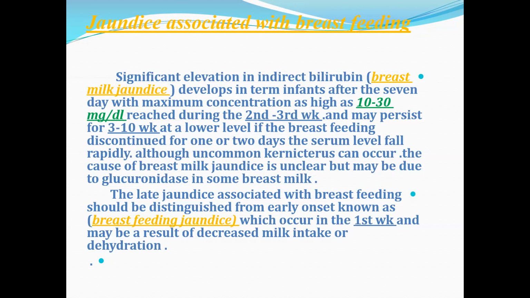Late jaundice associated with breastfeeding should be distinguished from the early onset known as breastfeeding jaundice, which occurs in the first week and may be a result of decreased milk intake or dehydration. So, if we make a simple comparison, breast milk jaundice may be due to glucuronidase enzyme, while breastfeeding jaundice is due to low intake or dehydration.